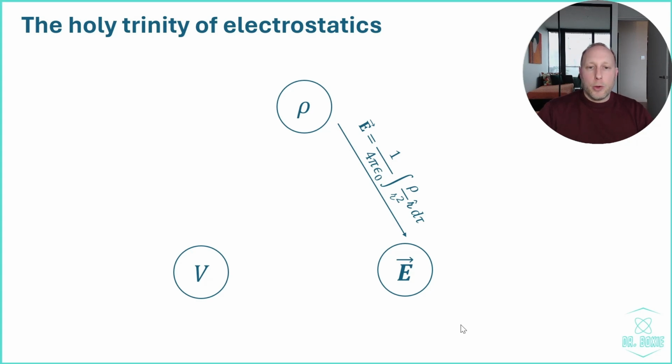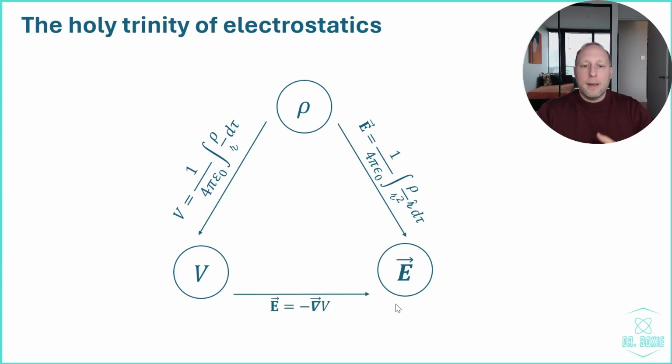And so we need a workaround. The way to do that was to introduce the potential V, and to go from rho to V, we got a simpler integral, one which does not involve curly r hat. Now, if we are able to solve this integral, we have V, and once we have it, we can take negative the gradient of V to get the electric field. So this is the logic of what we've seen until now.